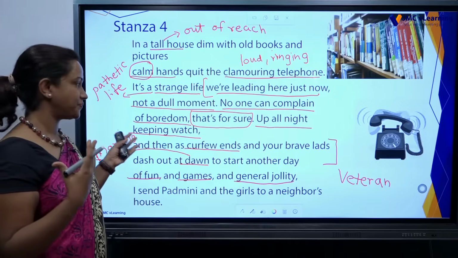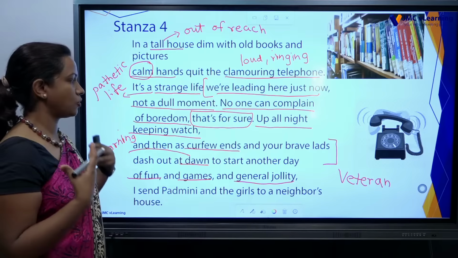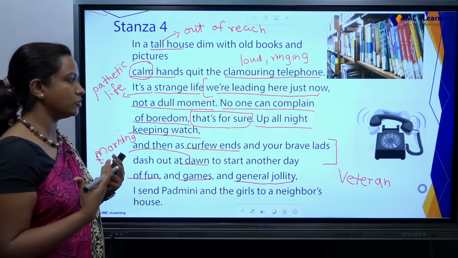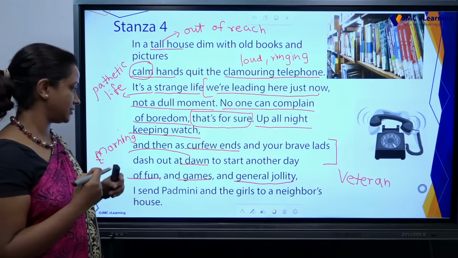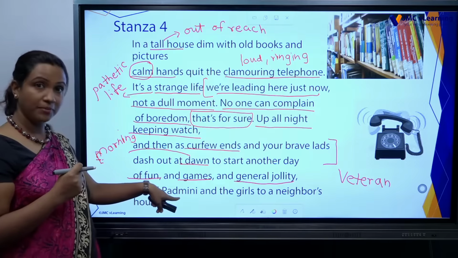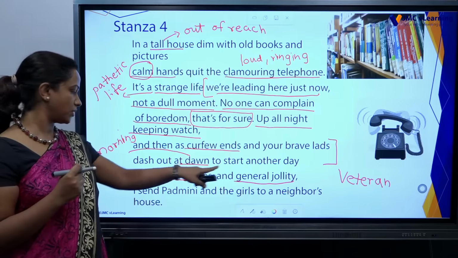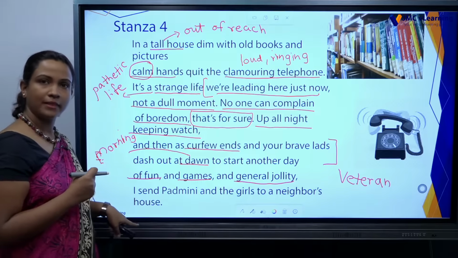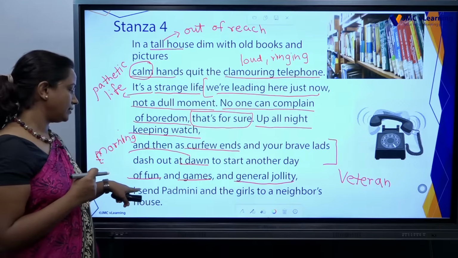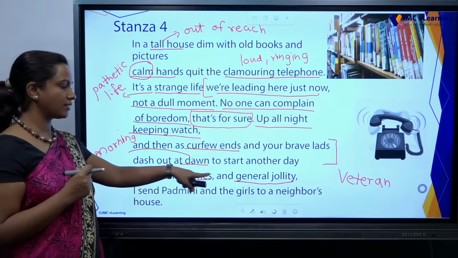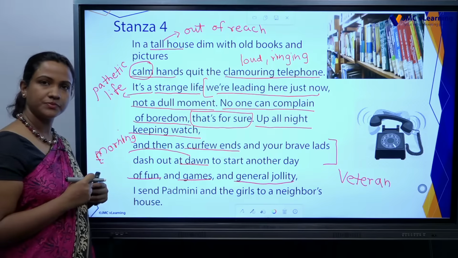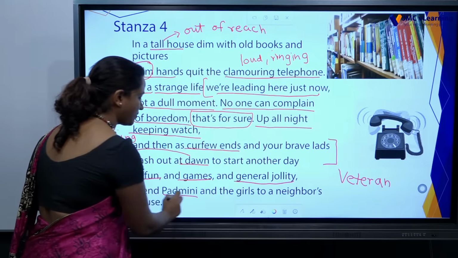They are in the so-called violence and so want to hide from this violence. I sent Padmini and the girls to a neighbor's house. Right? Why did he send Padmini and the girls to a neighbor's house? Padmini, who is Padmini?